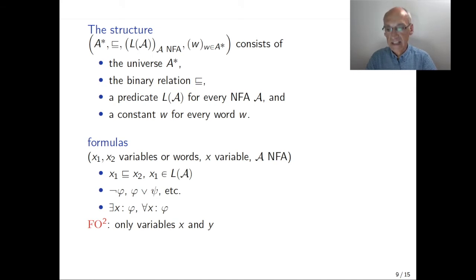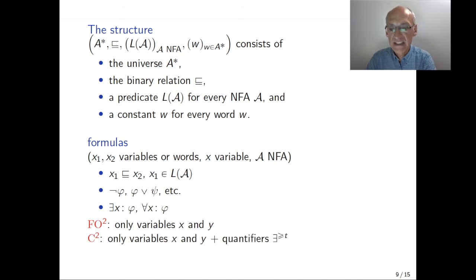That's FO2. And then C2, counting extension of first order logic with two variables. Again, you have only the variables x and y, but now you also have a quantifier that says there are at least t many witnesses for the rest of the formula.